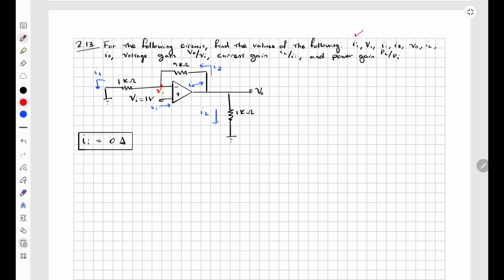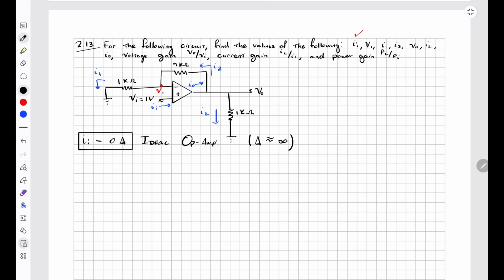Now, the next easiest parameter to solve for on this circuit is that we know that in an ideal op-amp, there will be a virtual short circuit across the input terminals of this op-amp. That is due to the reason that the open loop gain ideally should be equal to infinity.